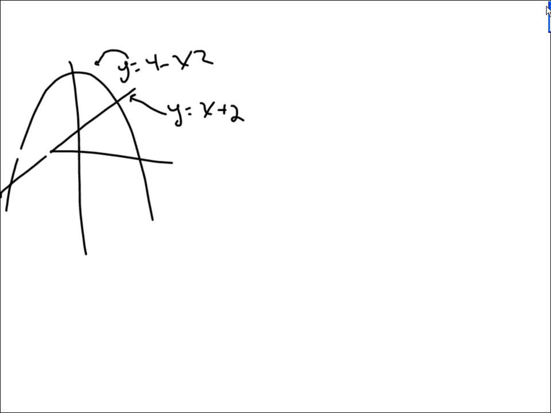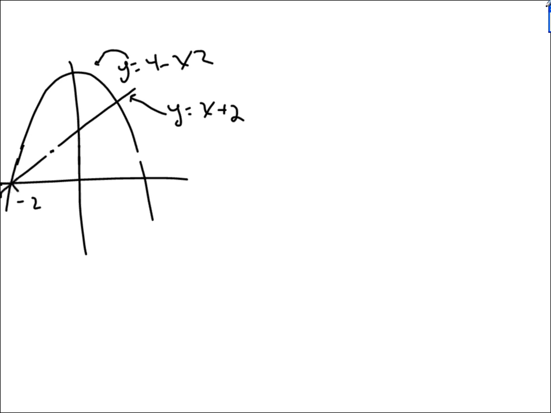Now, suppose you were asked to find this area. You have, once again, y is equal to 4 minus x squared. And you have the line y equals x plus 2. And you're told that it crosses on the x-axis at -2.